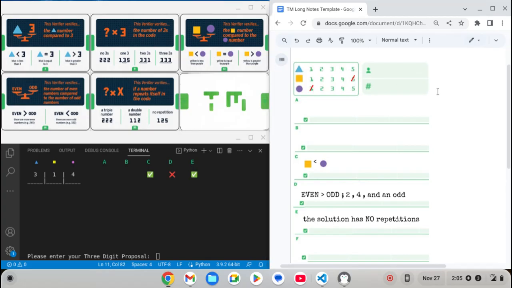So it could be as simple as, yeah, triangle's a 3, there is a single 3, and because we know square and circle would be our evens, that would mean that square would have to be a 2, and then circle would be a 4. It could be as simple as that.